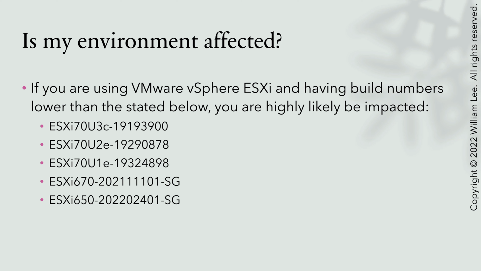ESXi version 7.0 Update 1E with build numbers below 19324898. ESXi version 6.7 with build numbers below 20211101 SG. ESXi version 6.5 with build numbers below 2022024001 SG. Anything below ESXi version 6.5 is already discontinued.